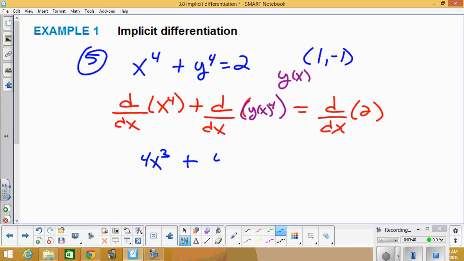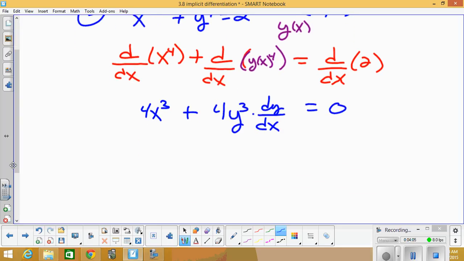It's really the derivative of y to the fourth, but because it's not with respect to x, I have to have it times the chain rule of dy dx. And then I go to the derivative of the constant, which is 0. The next step is to go ahead and solve for dy dx.